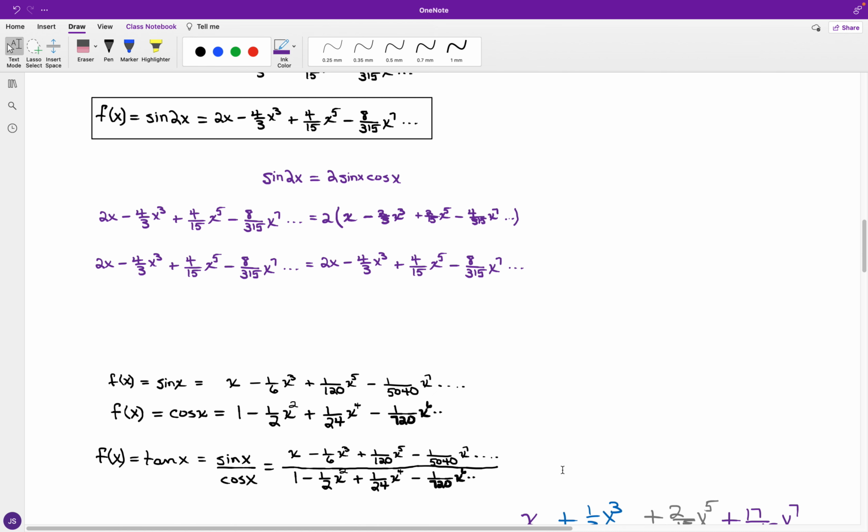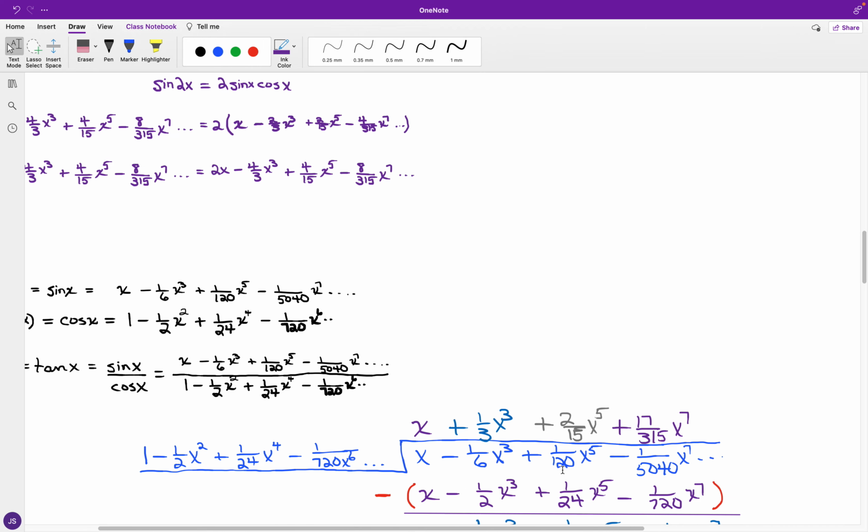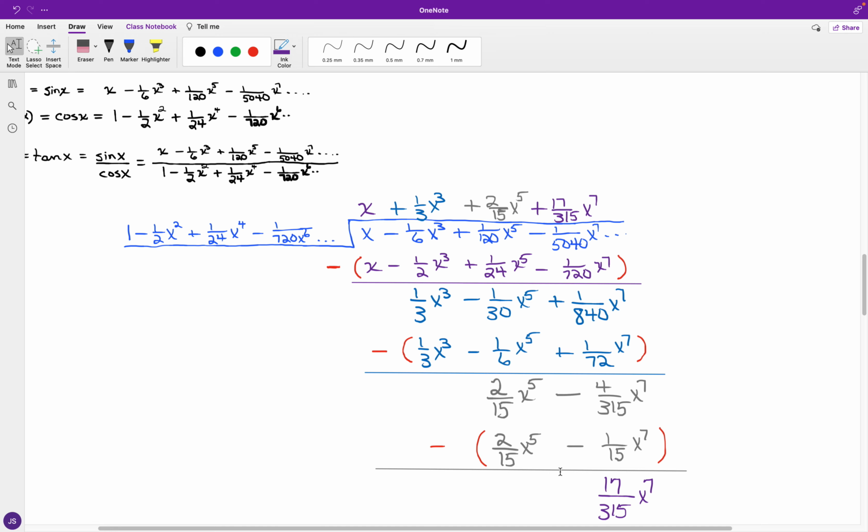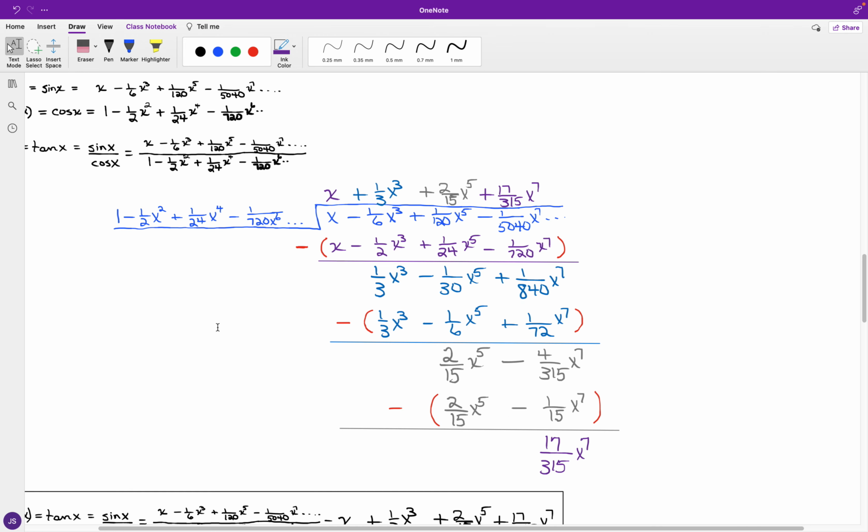If I were to establish a Maclaurin series for the tangent of x, I would be taking the Maclaurin series of the cosine of x into that sine of x, and instead of the conventional descending degree arrangement between the divisor and the dividend, we're actually going with ascending degree, because that is just how the Maclaurin series are arranged.